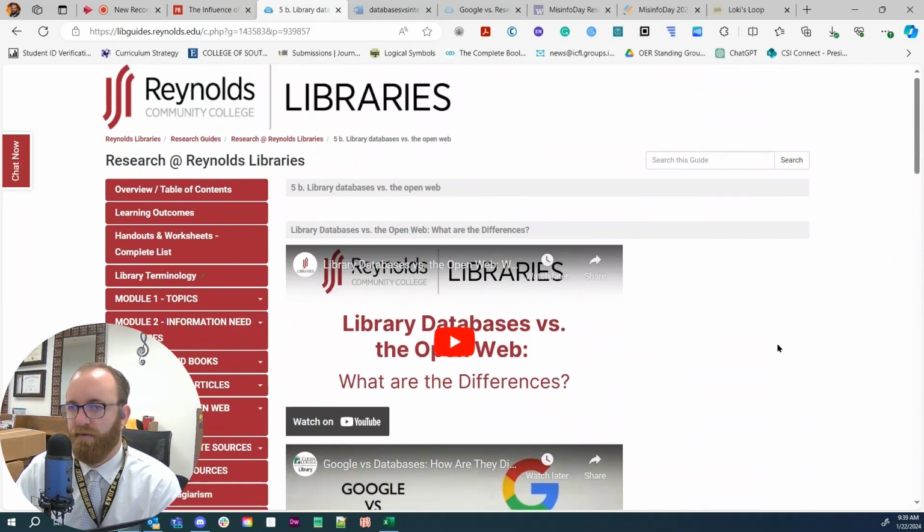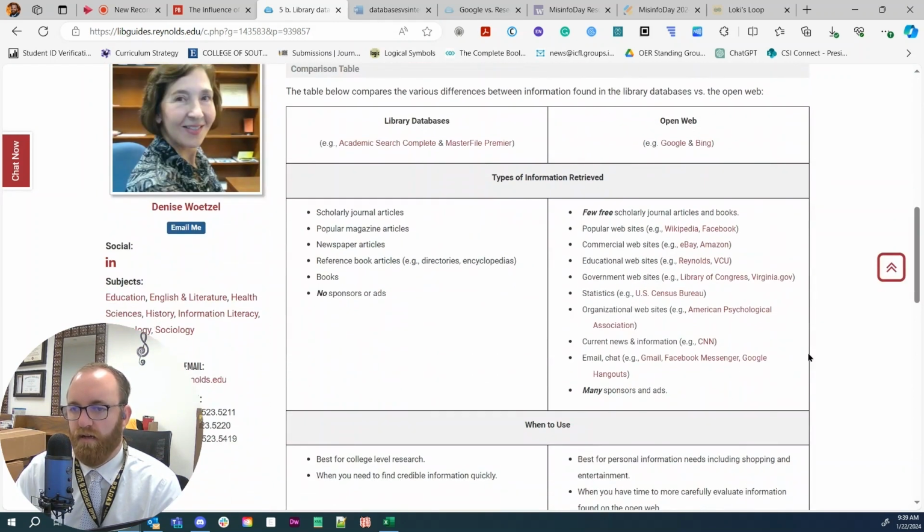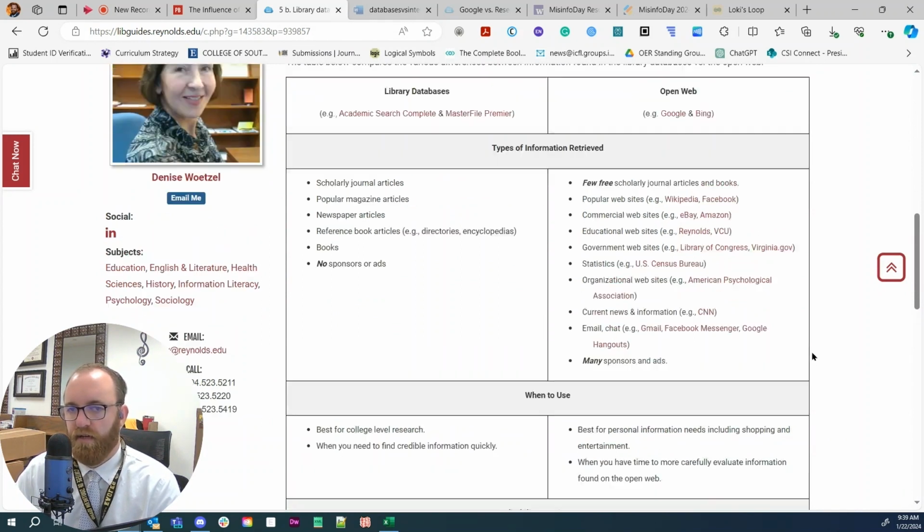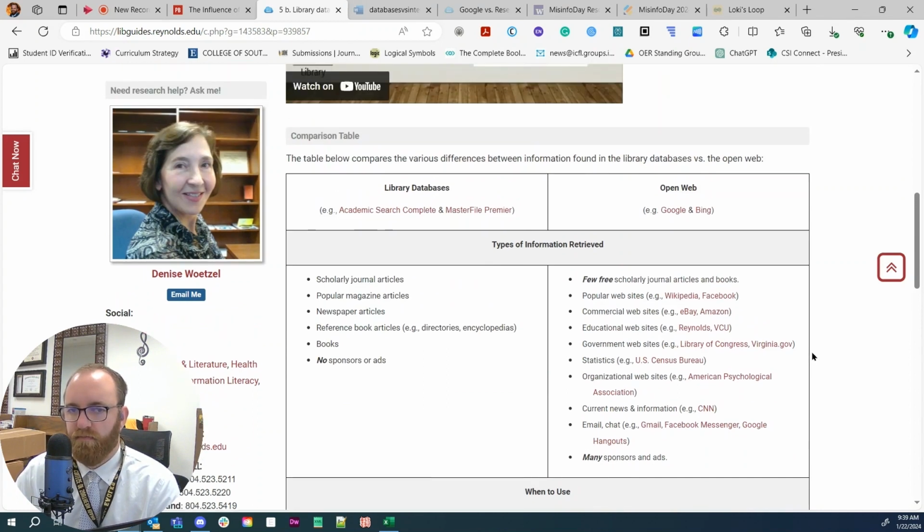This is provided by Reynolds Community College under an open license, and it talks about the fact that databases are different than search engines. Again, search engines, or the open web, were created to promote popular websites, commercial materials, and things that you're looking for.